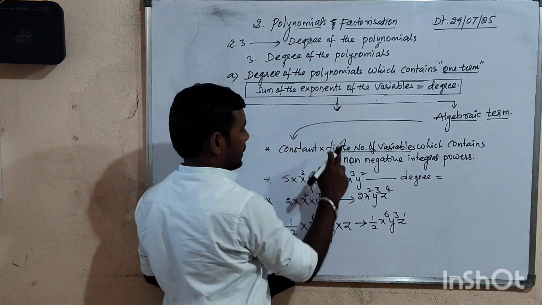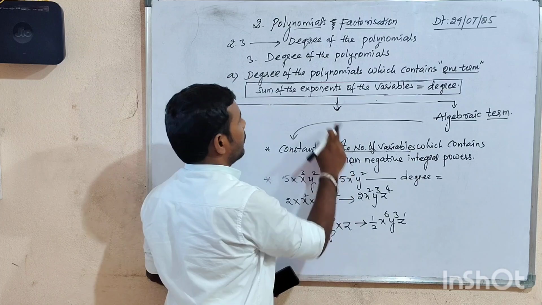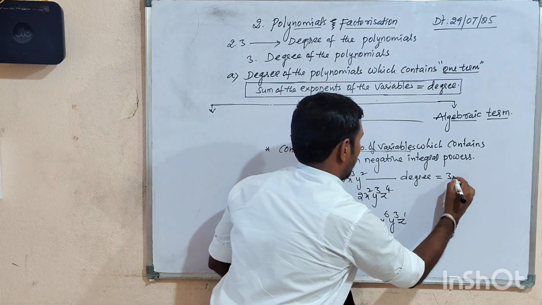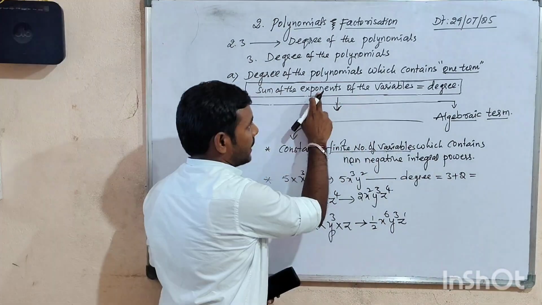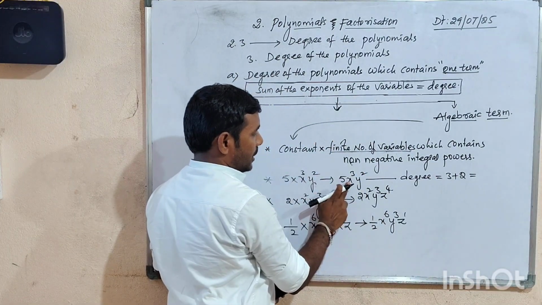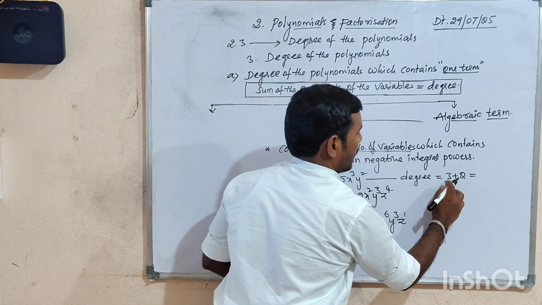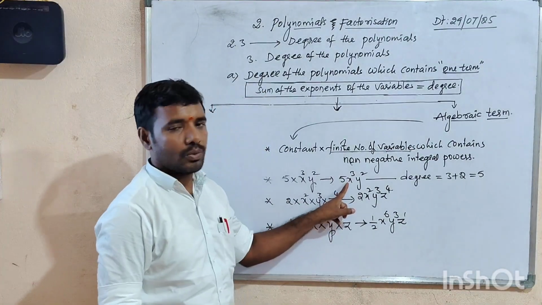Their exponents: x exponent 3, y exponent 2. Sum of the exponents is nothing but 3 plus 2. Their sum is 3 plus 2, that is 5. This 5 is called the degree of this one.